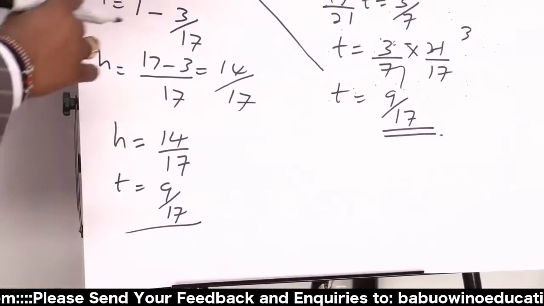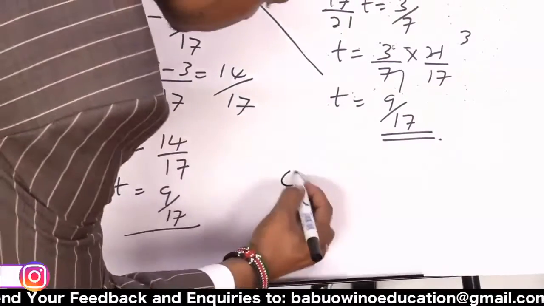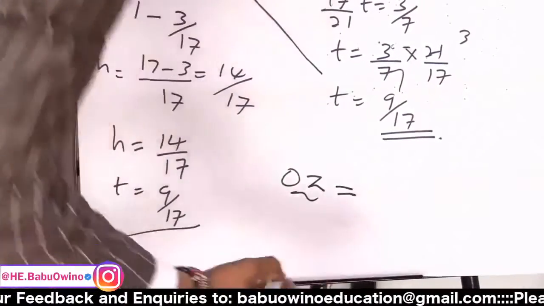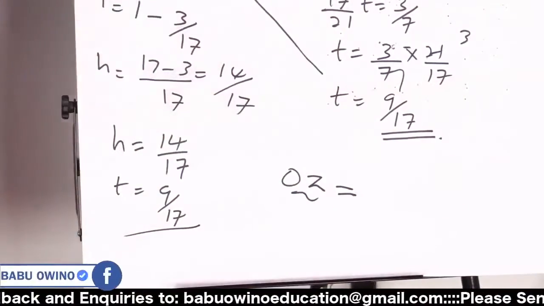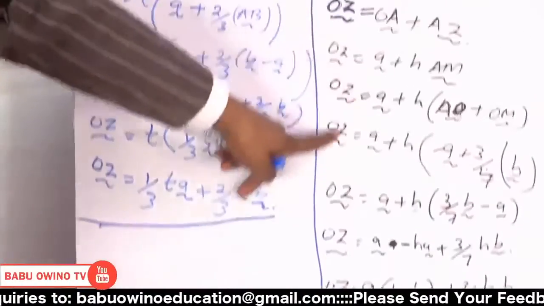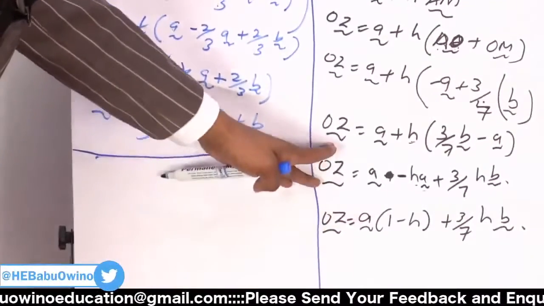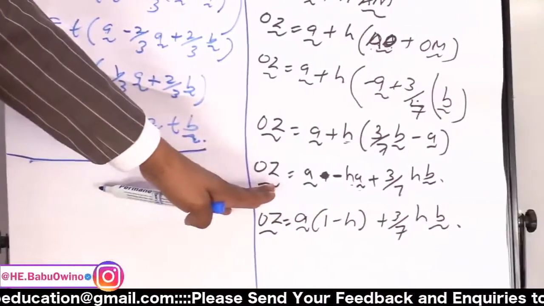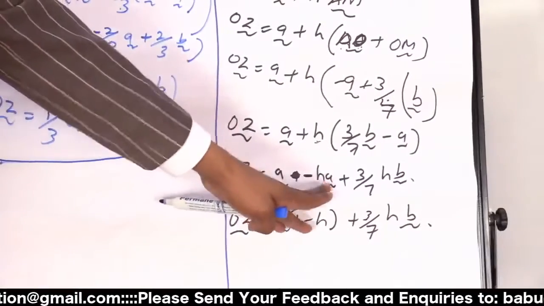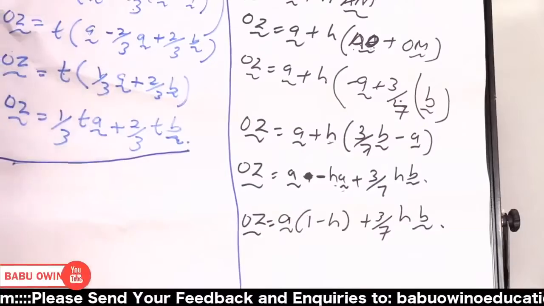So OZ, from our initial equation, we said OZ, just make a reference, OZ, we just replace it here in our equation. Where there is h or where there is t, you just replace the value to get the value of OZ.